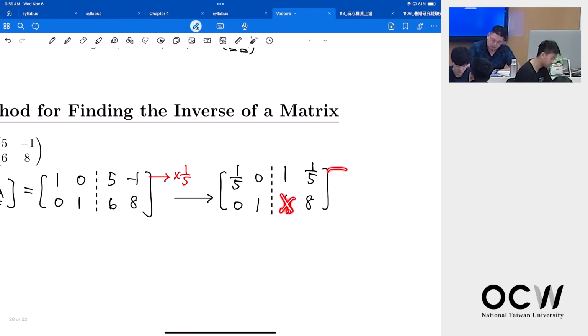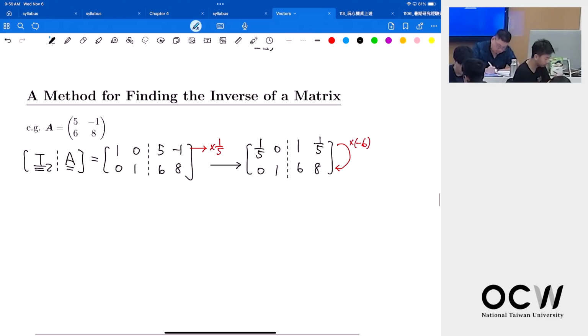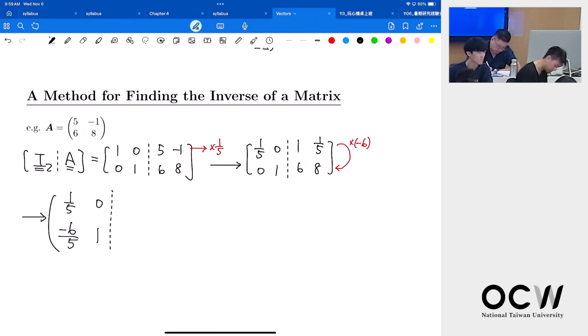So I will times minus 6 of the first row to the second row. Then you get 1/5 0 minus 6 over 5 1. Then you have 1 0 minus 1/5 46 over 5.